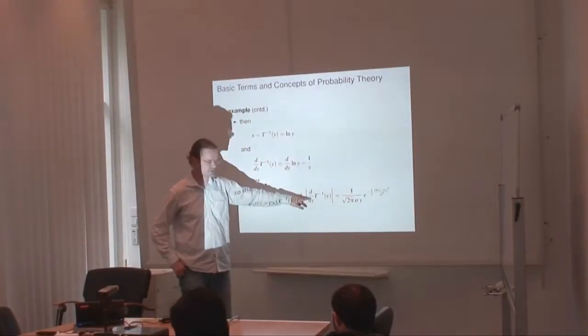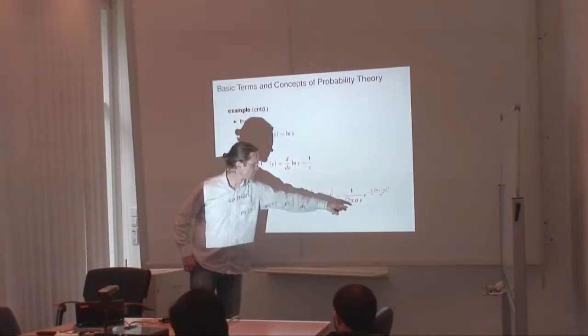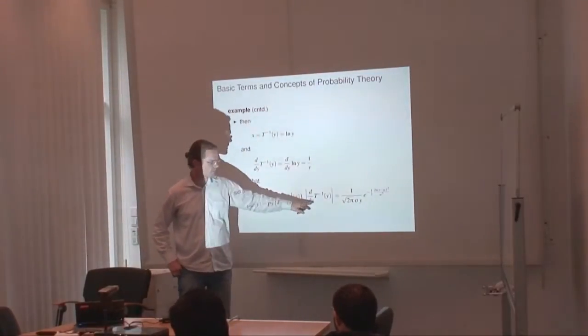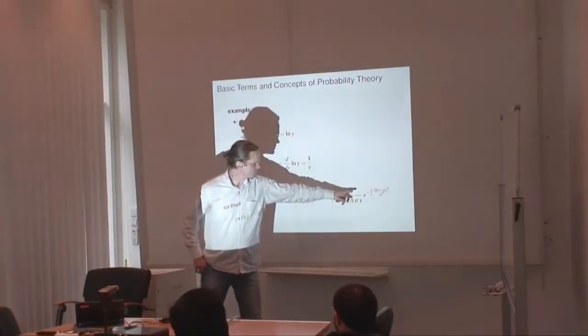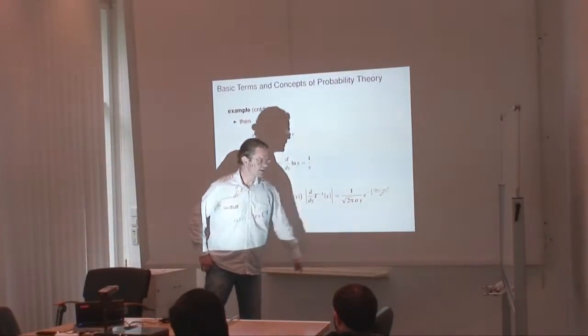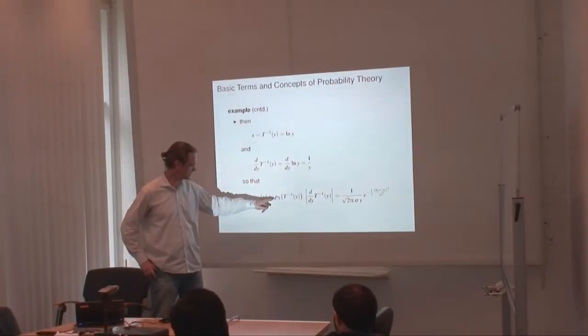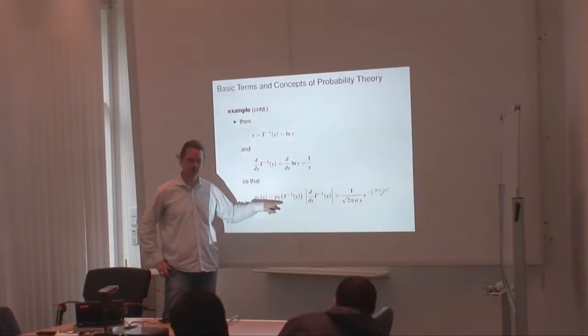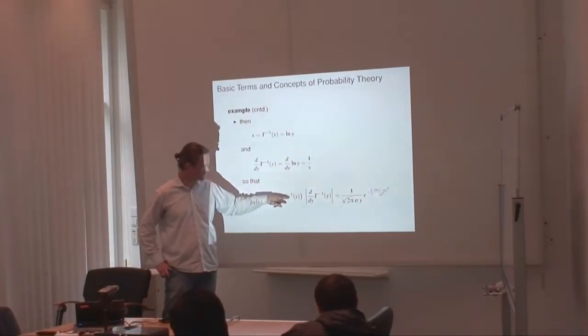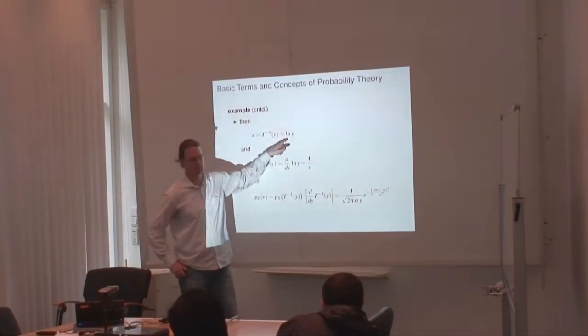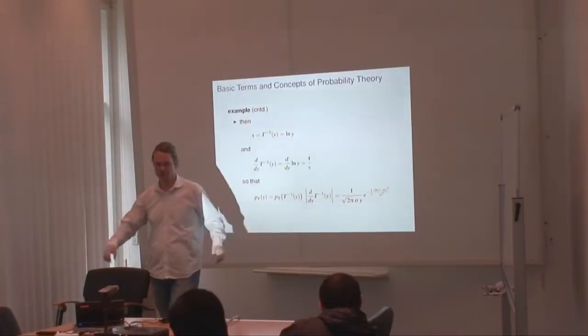This 1 over y comes from here. And here we have e to the minus 1 over 2 ln y, which is basically this here. So instead of Px of x, we have Px of T inverse of y, which is ln y. The rest does not depend on x.